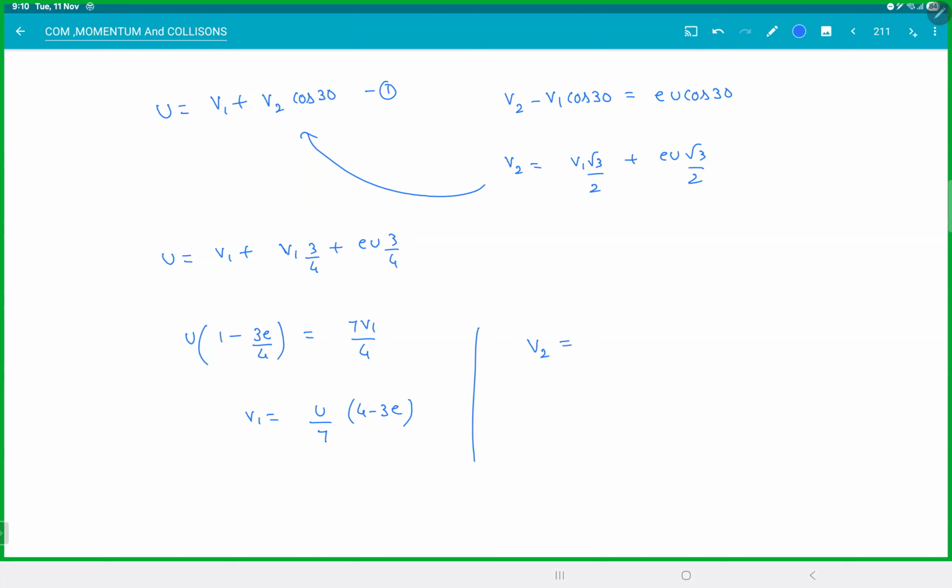And then v2 will be... You can solve this. You'll get v2 value from here. Everyone got v2?